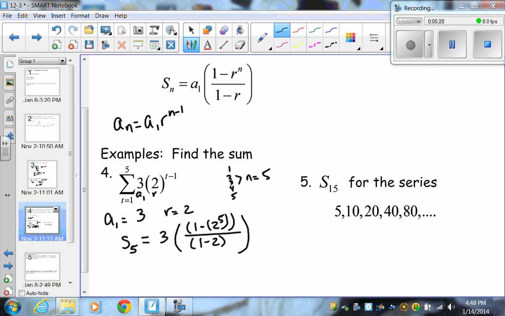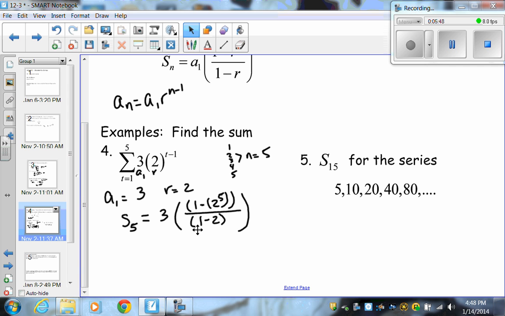If you put the parentheses just like I have it here into your calculator, you can type it in exactly as you see it. Otherwise, you might want to break it up: do 2 to the 5th, then 1 minus 2 to the 5th, then take that number and divide it by 1 minus 2, and then multiply by 3. The answer you should get is 93. So the sum of the first 5 terms is 93.